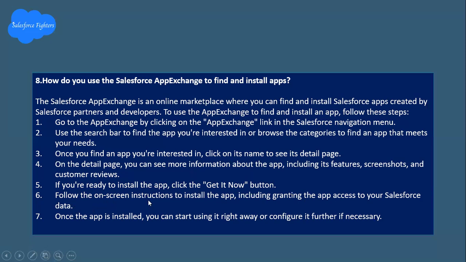Follow the on-screen instructions to install the app, including granting the app access to other Salesforce data. Once the app is installed, you can start using it right away and configure its features if necessary.